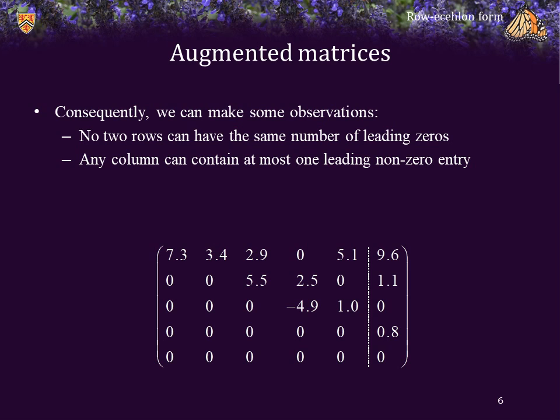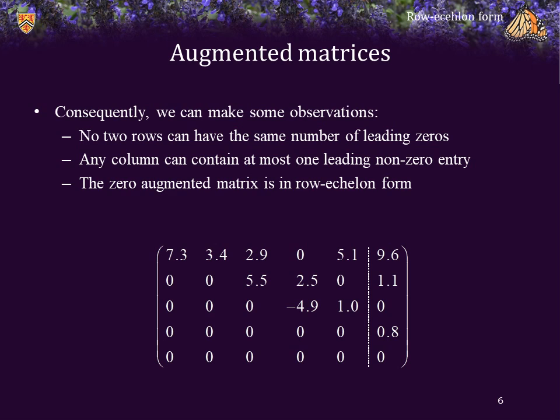Similarly, in position 4, 6, we see 0.8, and that is a leading non-zero entry in column 6, for it is the leading non-zero entry of row 4 in that augmented matrix.